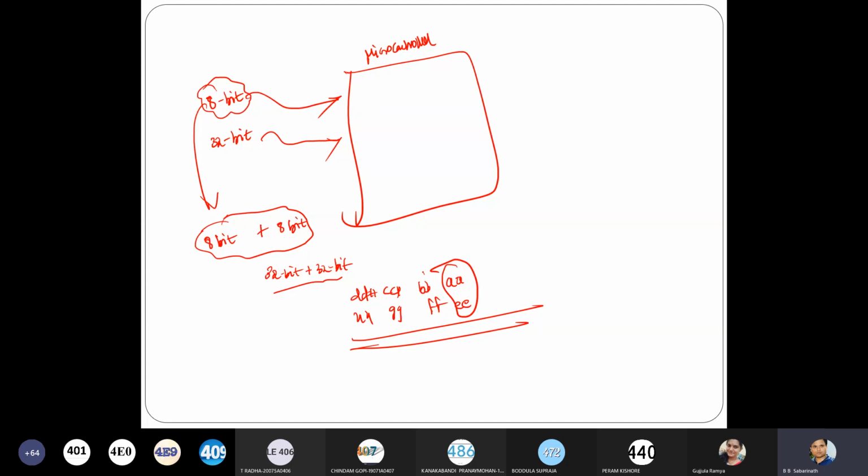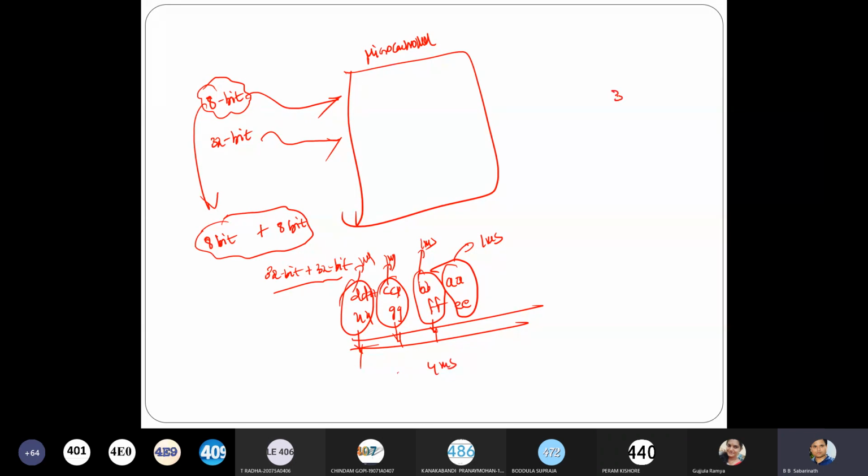After completing, it takes the next 8 bits, and again the next, and again the next. If one operation takes 1 millisecond, it takes 1 millisecond again and again, so it requires 4 milliseconds to do a 32-bit addition.